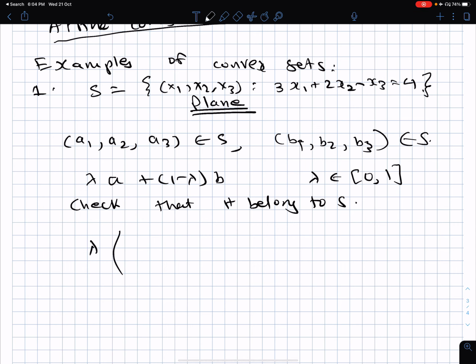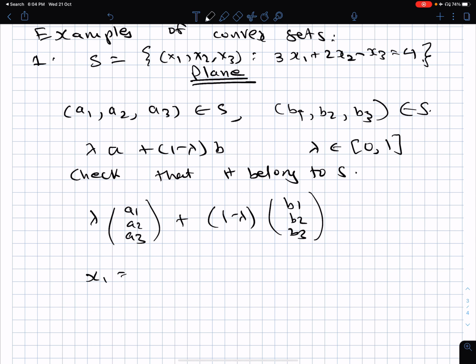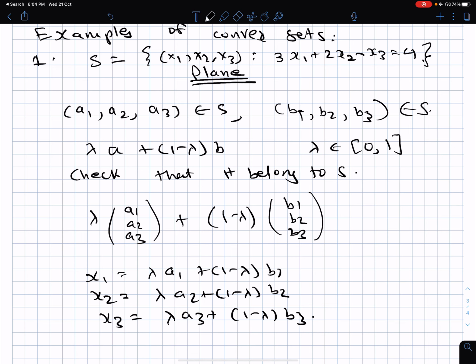So the point that I have to take is lambda times (A1, A2, A3) plus 1 minus lambda times (B1, B2, B3). So my x1 is going to be lambda A1 plus 1 minus lambda B1. x2 is going to be lambda A2 plus 1 minus lambda B2, and x3 is going to be lambda A3 plus 1 minus lambda B3.